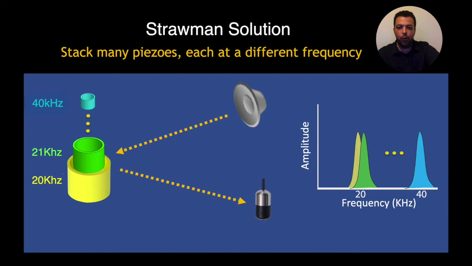But this approach is really problematic for many reasons. First, it's very costly. With this approach, the cost of each sensor would be multiplied by 10 to 100. Also, it leads to a very bulky solution.